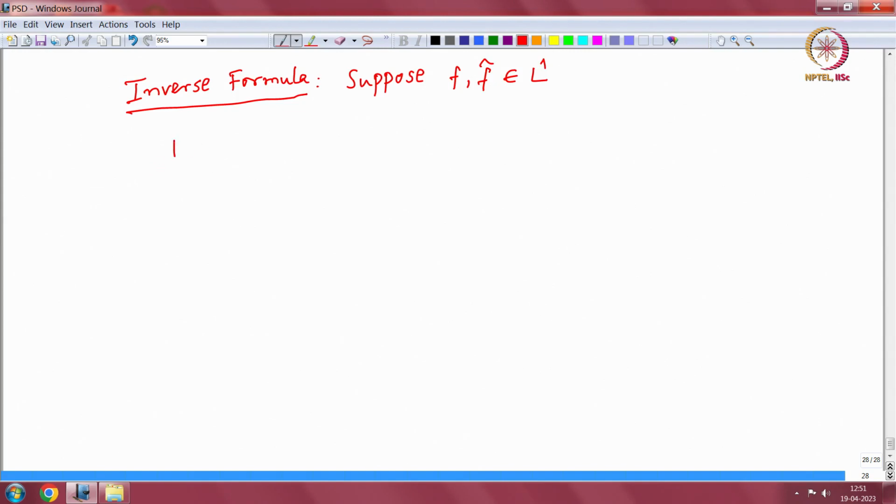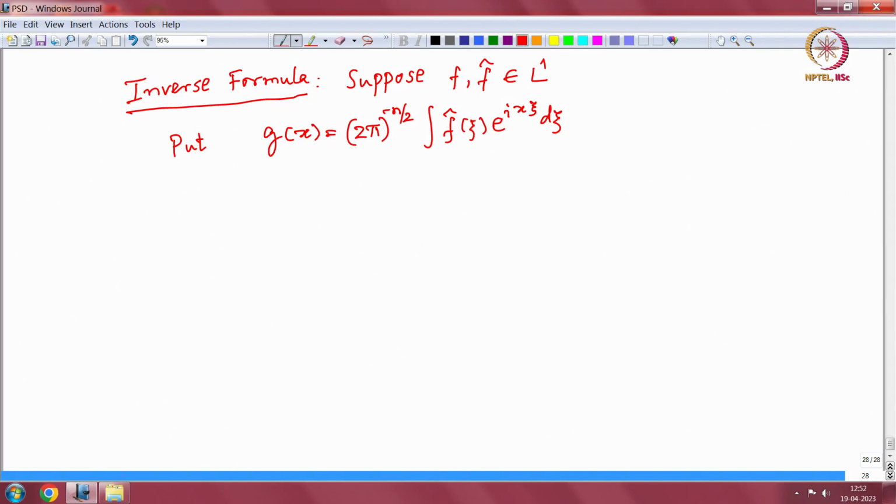So, put g of x equals, again with that factor, the integral of f cap of j, e to the i x dot j, dj. This certainly I can define, so there is no problem at all. Since we are assuming f cap is in L1, this integral makes sense.